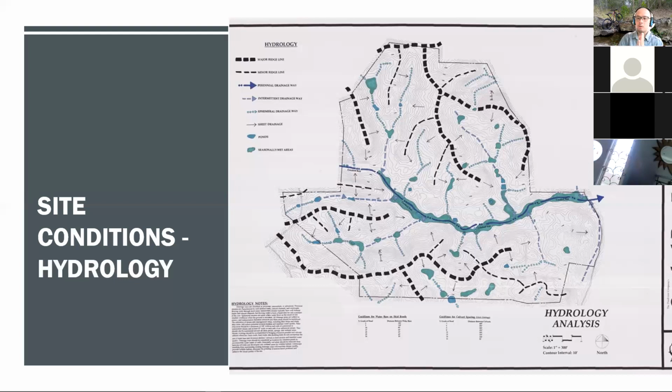Now, the spatial correlation between vegetation associations and site drainage patterns is particularly strong in arid and semi-arid landscapes, where water is often the primary limiting factor on plant growth and distribution.